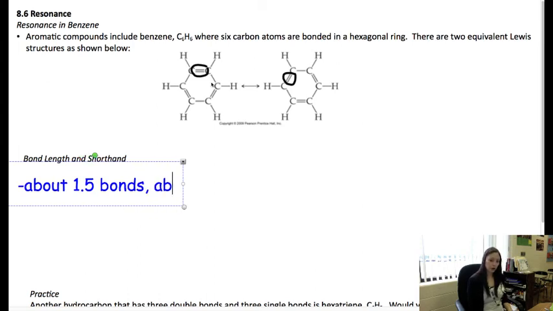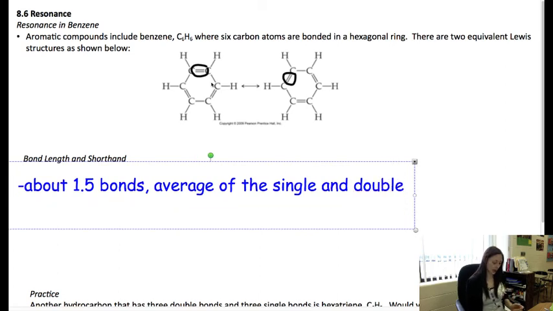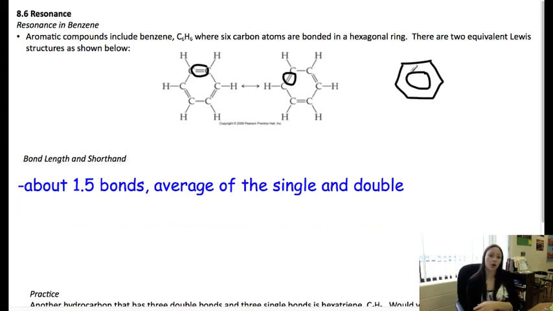They are an average of the single and double. So you'll often see benzene written in a shorthand notation, which looks like this. This is saying that all of those are actually the same bond length, 1.5. We don't write the hydrogens, and each corner is a carbon. And we'll talk more about these benzene rings at the end of the year when we deal with organic.